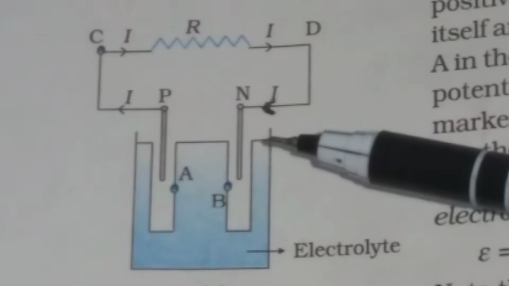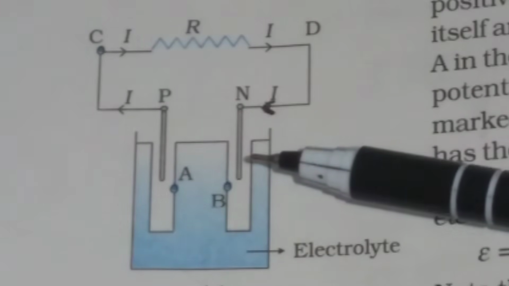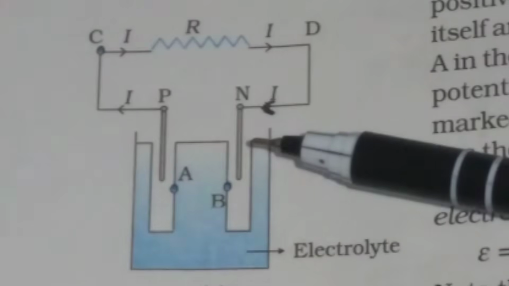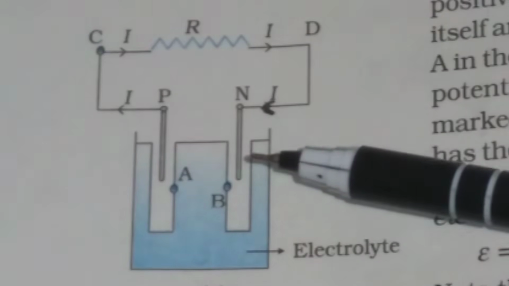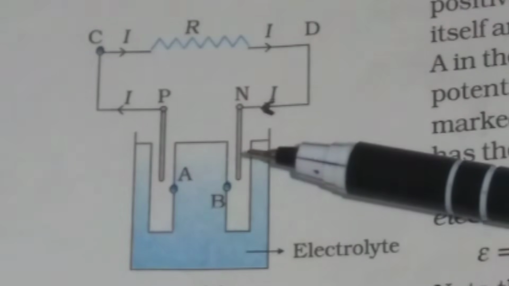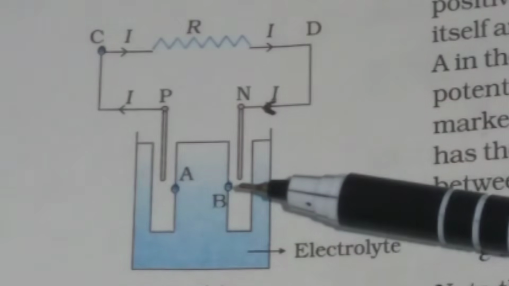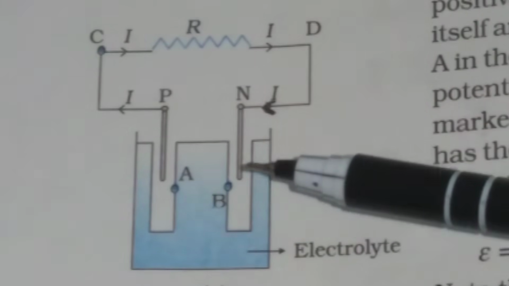The negative electrode has a potential minus V minus. V minus is the negative potential and V minus is greater than or equal to 0, between the electrode and the electrolytic solution immediately adjacent to it, and it is marked B in this figure.